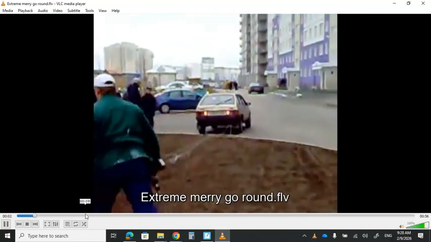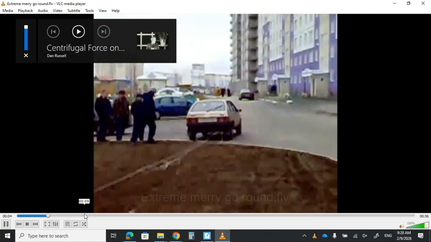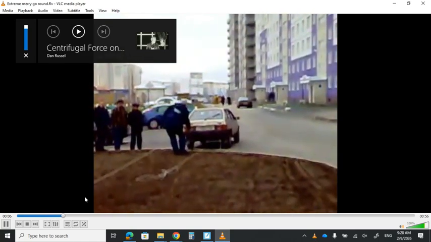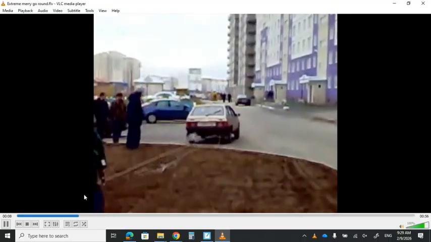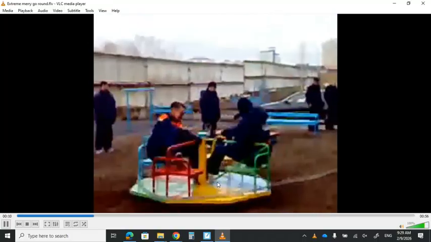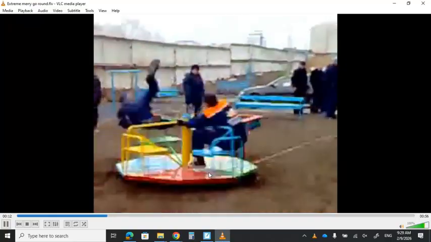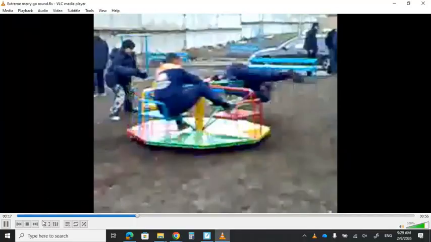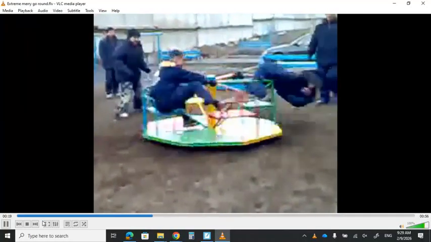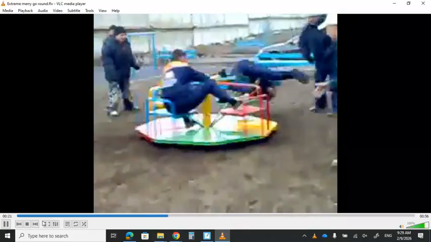So they've got a car hooked up to a merry-go-round. They have two guys, buddies, on this merry-go-round, and they spin it really fast, and it looks painful. They have a hard time stopping it at that point without decapitating the person. Like I said, don't do this, right?